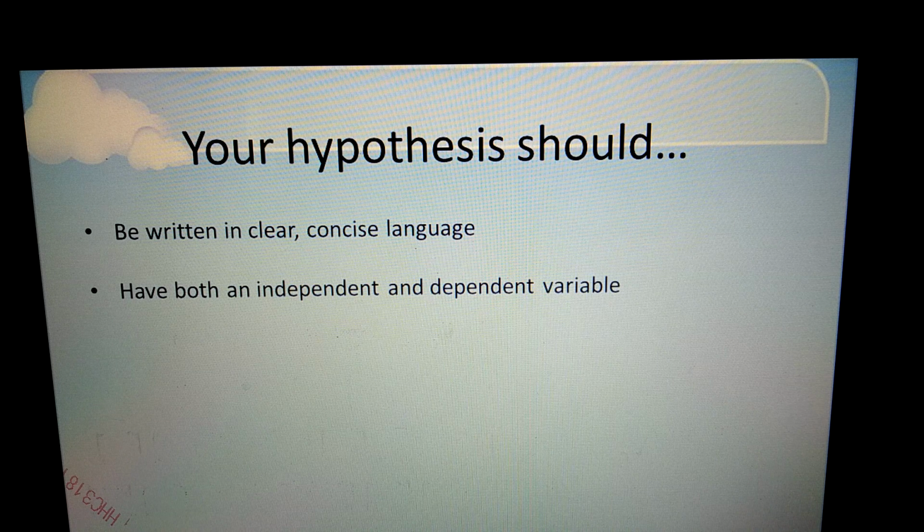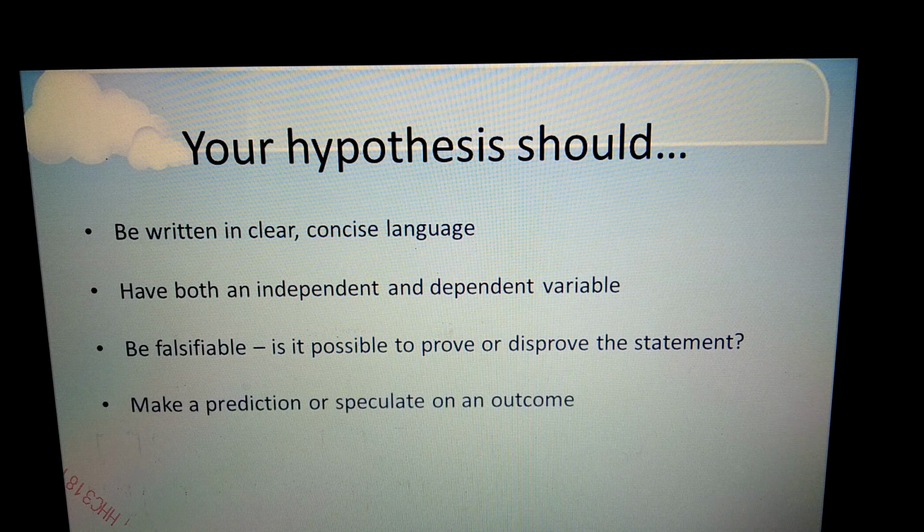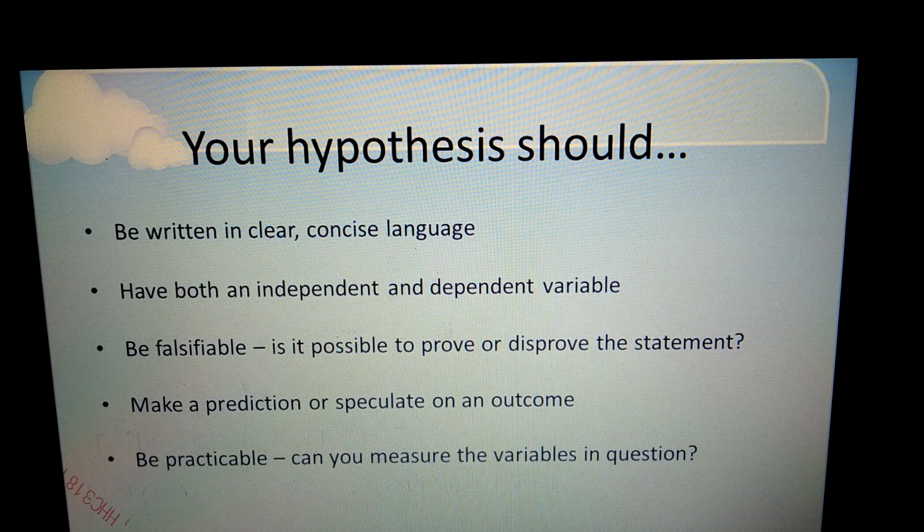Fourth, make a prediction or speculate on an outcome. And it also needs to be practicable. Can you measure the variables in question? The last is a hypothesis about a proposed relation between two variables or an intervention into this relationship.